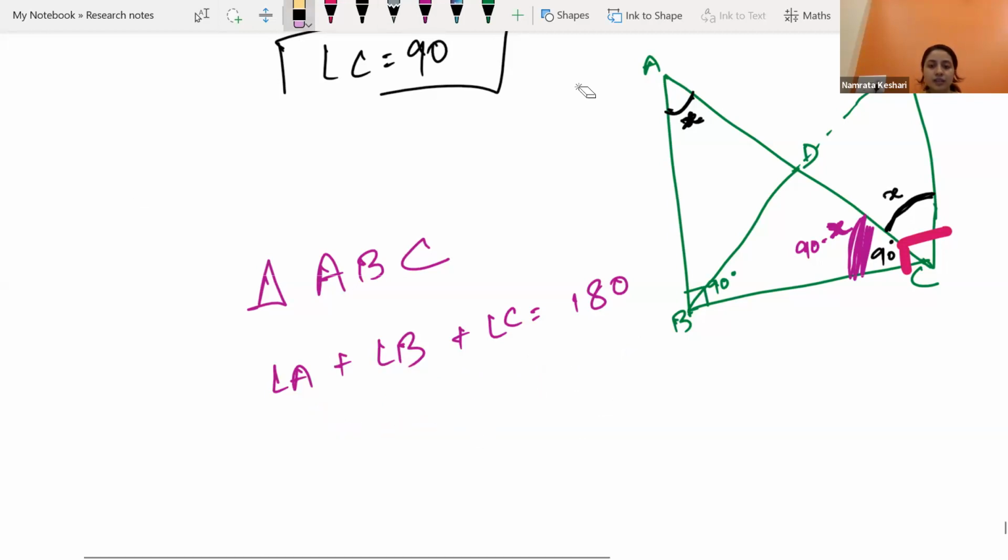Because I can see 90 and 90 is getting cancelled. X and X is getting cancelled out. Just a minute. We are supposed to prove BD is equals to half of AC.